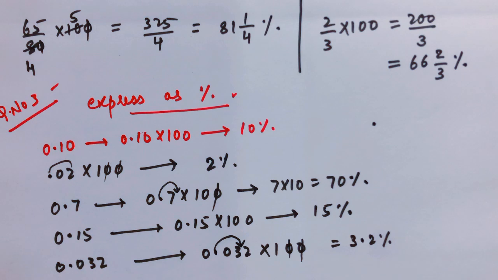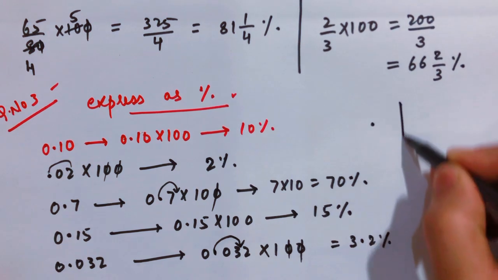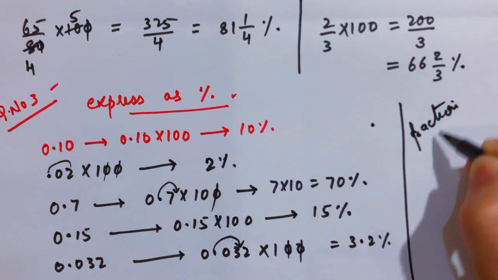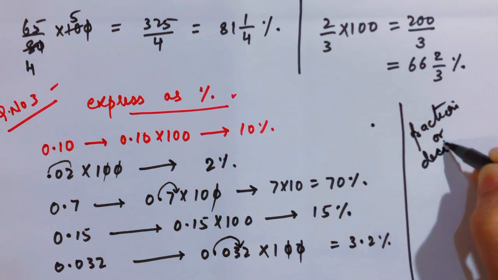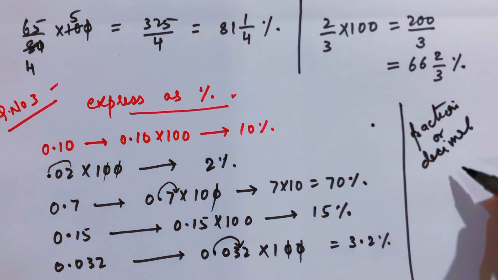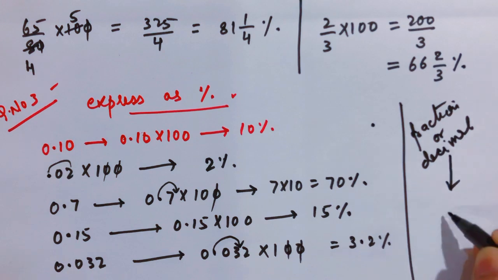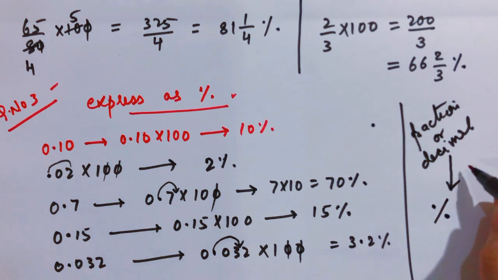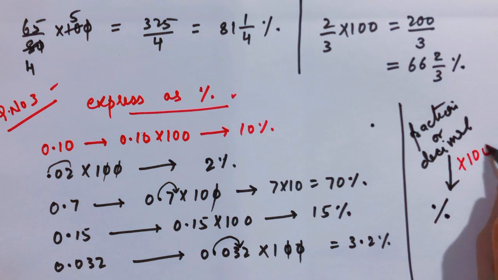So what did we find? We found that in order to convert into percentage, we multiply it by 100. तो हमने क्या क्या देखा जी? हमने देखा कि फ्रैक्शन हो या डेसिमल हो, if you are converting this into percentage, you will have to multiply this by 100.